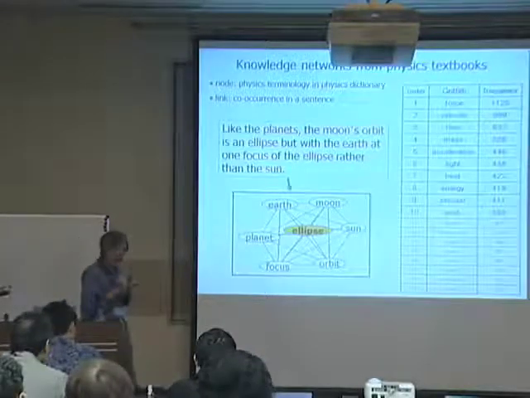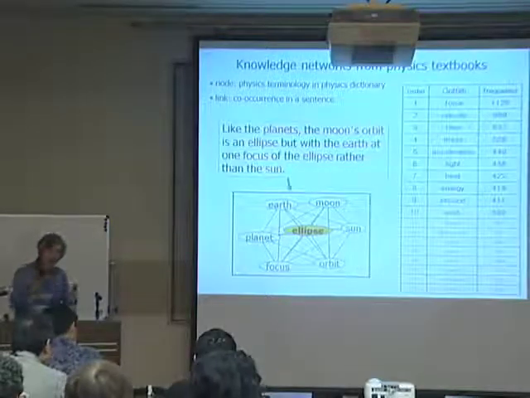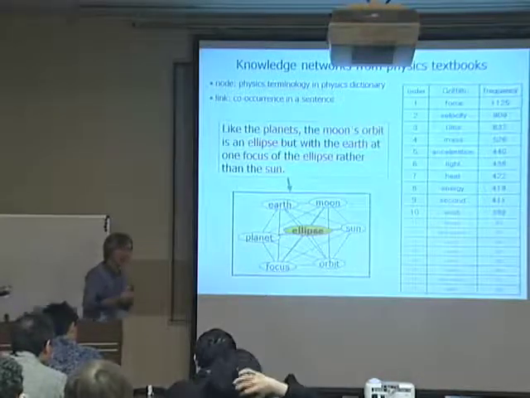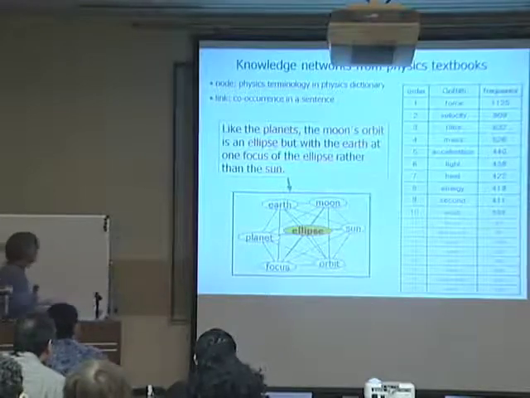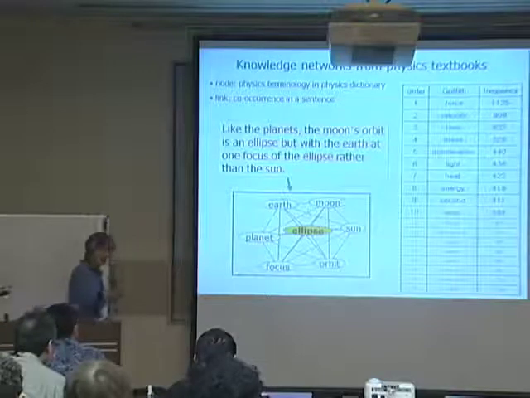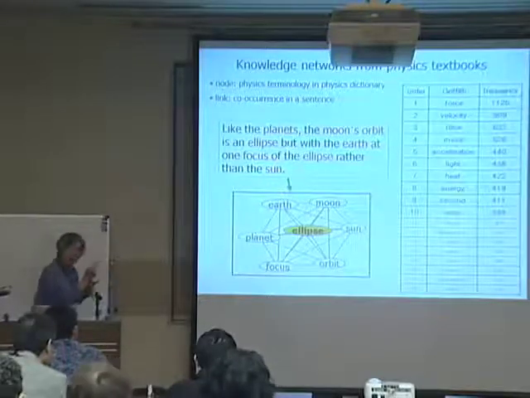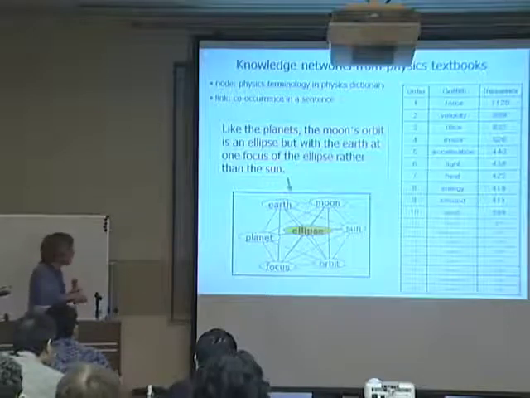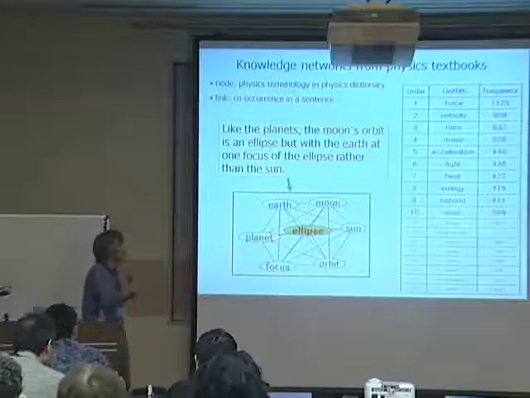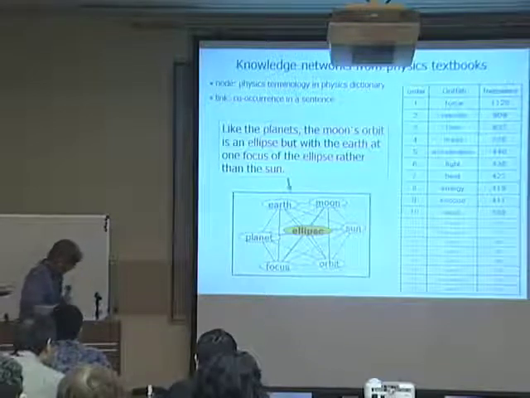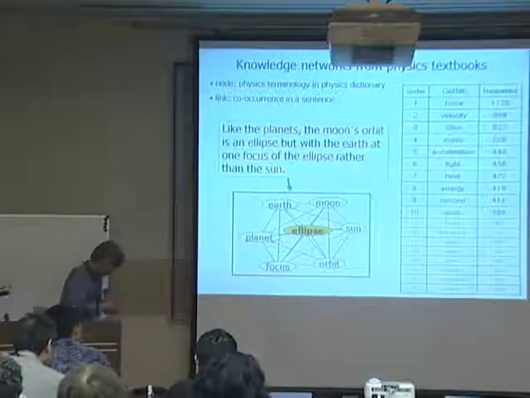But for simplicity, if two nodes occur in one sentence, then we assume that there is a link between the two nodes. In this sentence, there are 8 terms occurring in one sentence. Then we assume that there is an all-to-all connection between them. Okay? And then we characterize this kind of network.